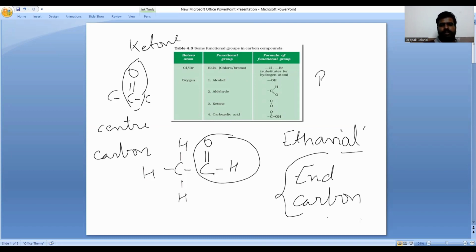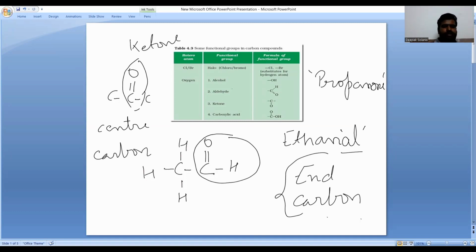So for 3, we can write prop, single bond AN, we exclude E, and for ketone, we write ONE. So propanone will be the name. Easy, guys. It is very important to understand the basics of the functional groups.